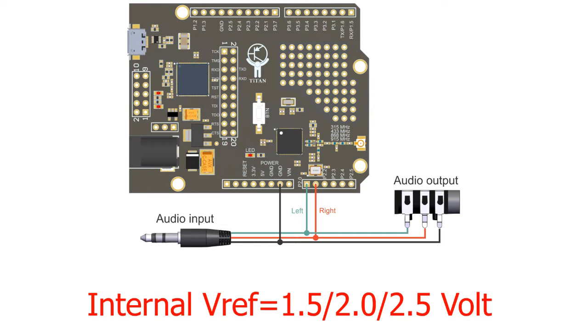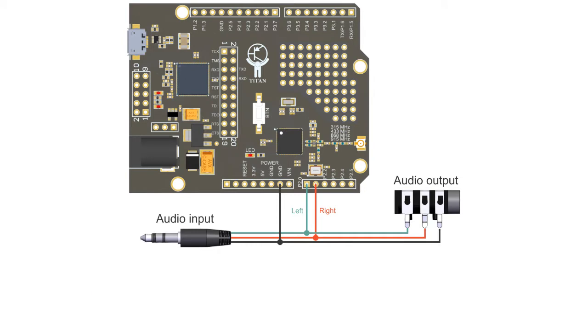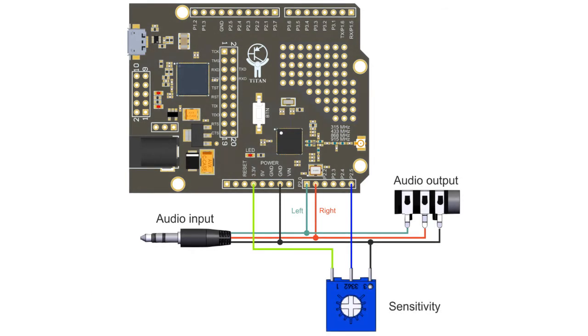To correct this situation, we can make our own reference voltage source on a variable resistor, which we'll use to adjust the sensitivity. Connect it to the port P2.5. And also connect the left and right audio channels to the ports P2.0 and P2.1. This is the scheme we should get.